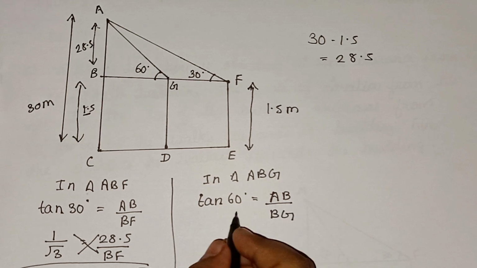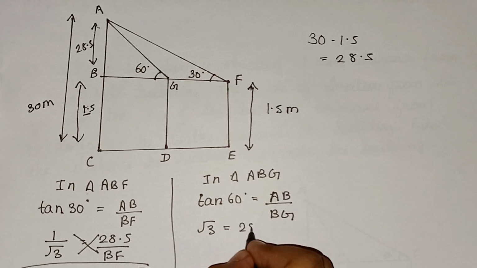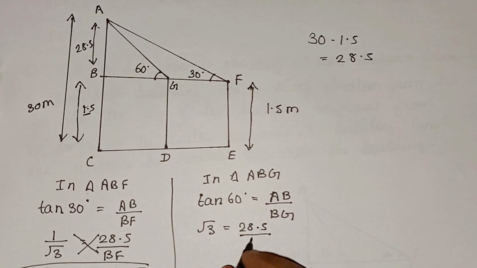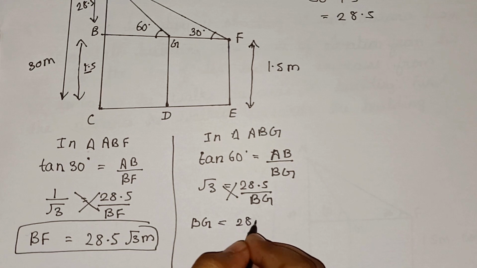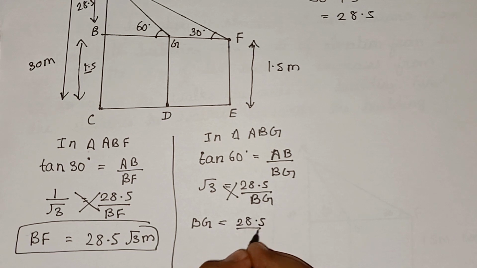So tan 60 degrees, whose value is root 3, is equal to AB, which is 28.5, divided by BG. Let us write it as it is and cross multiply. I'll get BG is equal to 28.5 divided by root 3.